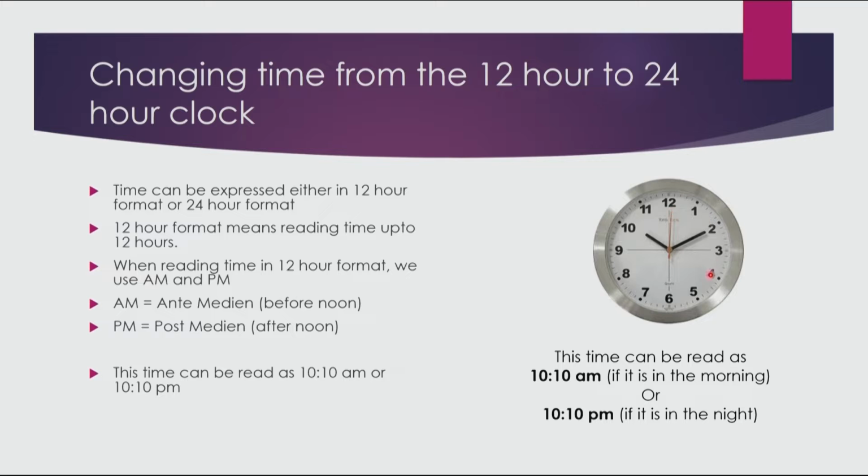And when we ask, what time do we go for break? We go for break at 10 a.m., so it is 10 before noon, or 9 a.m., 9 before noon.